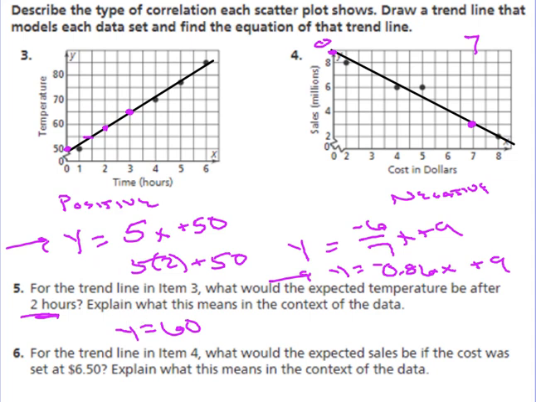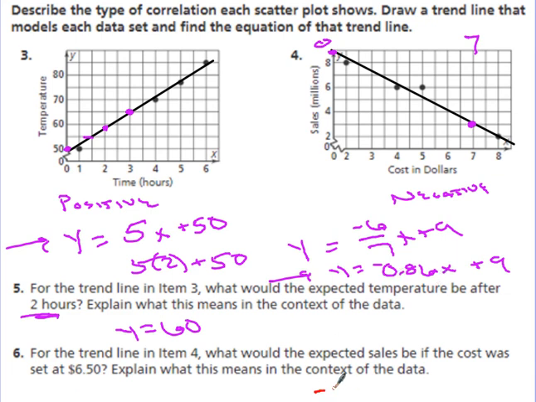Okay, at the cost of $6.50, again, this is the cost in dollars. So now for number 6, I can plug that in. This is going down 86 cents for sales, so 0.86 million, really, because this is in millions. I can plug in $6.50 for x here.